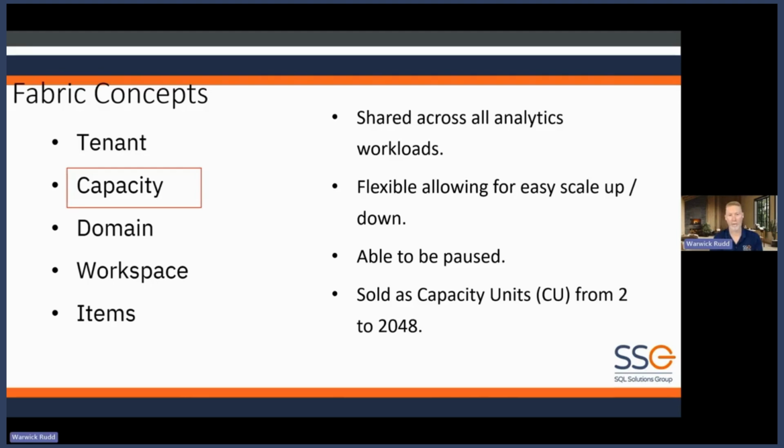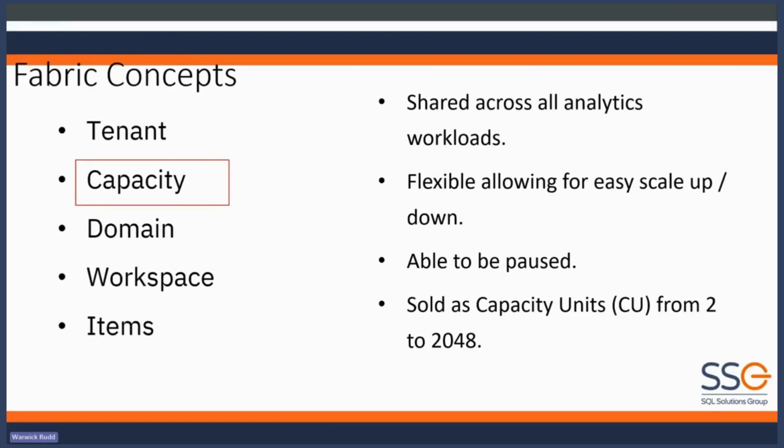Because 64 capacity units is that tipping point where you get full access to every feature in Fabric. But you might not need to use every feature, so you can start with a lower capacity unit. And this is where it comes down to cost, so we do need to be wary of that. We'll have a look at what that looks like a little later on in the demo.